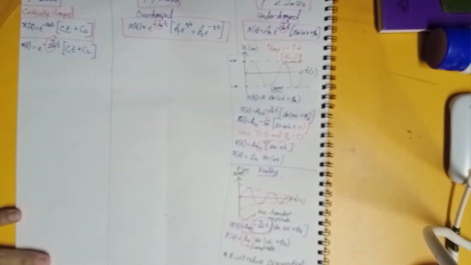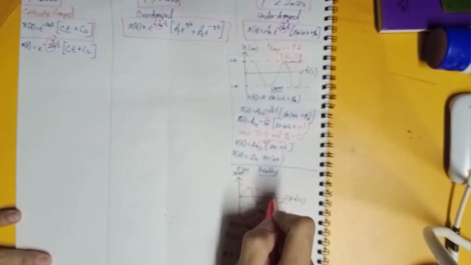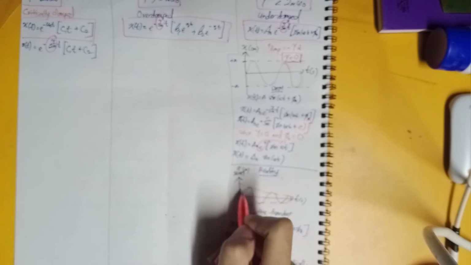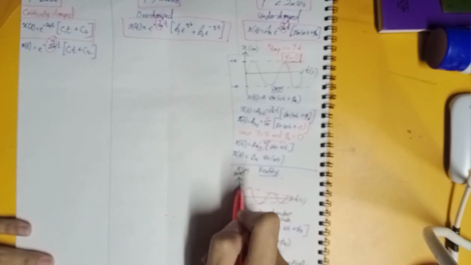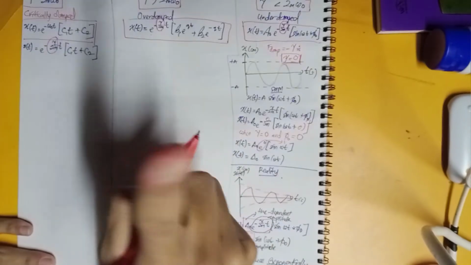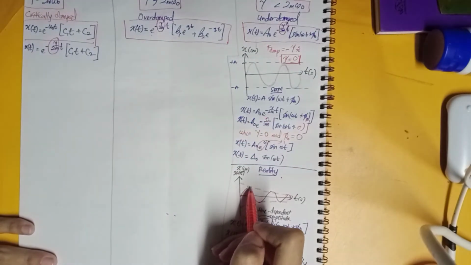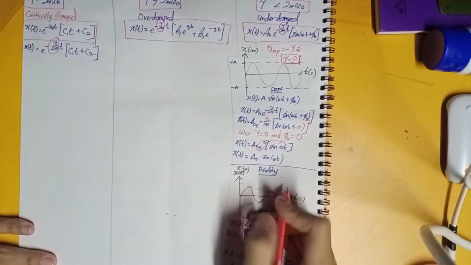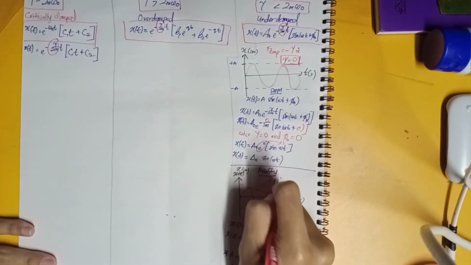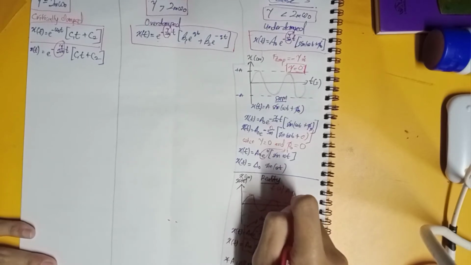Notice that the amplitude of the system will reduce exponentially. This is what we call reduce exponentially. At the same time, the amplitude of the system reduces over time, which means that as the time increases, the amplitude will reduce.